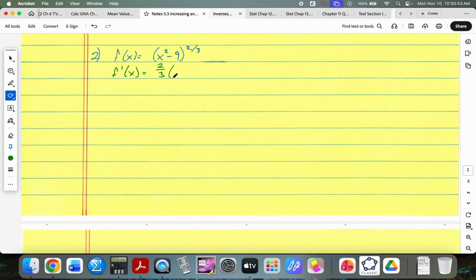So that's 2/3 of leave the inside alone times the derivative of the inside part, which is 2x. So it's probably worth your time to rewrite that as 4x over 3 times the cube root of x squared minus 9.